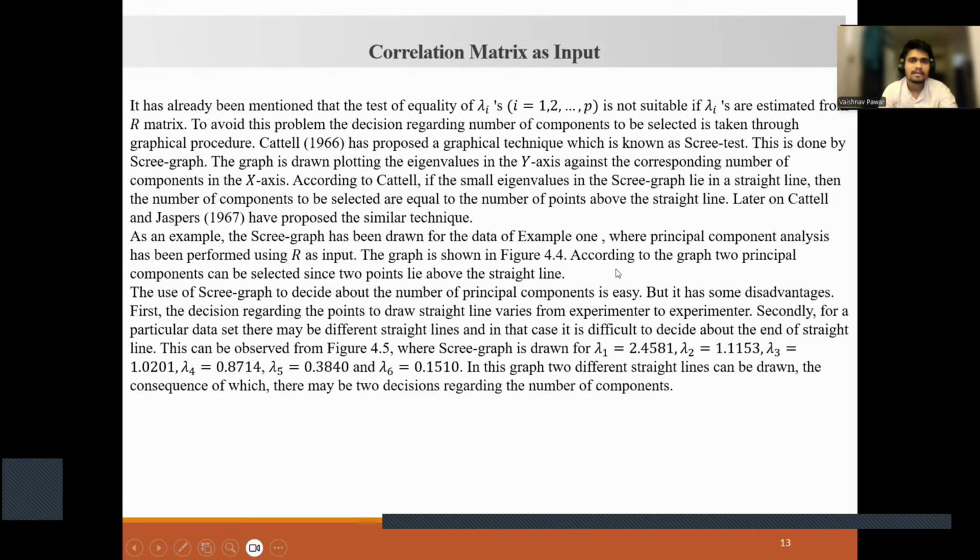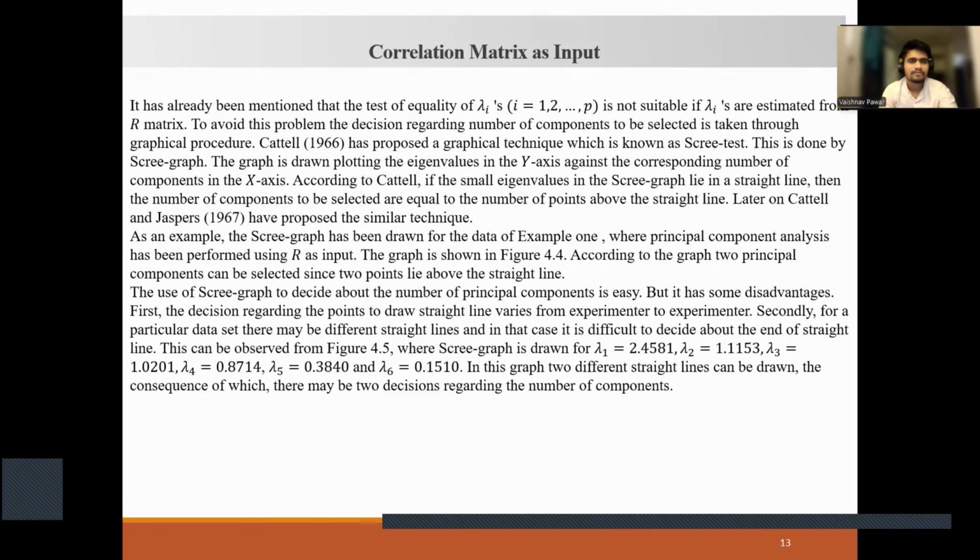Now, correlation matrix as an input. It has already been mentioned that the test of equality of lambdas is applied when the lambdas are estimated from the correlation matrix, that is S. Mardia has given that if the variation explained by the components is 90% or more, then we have to choose the first r components.